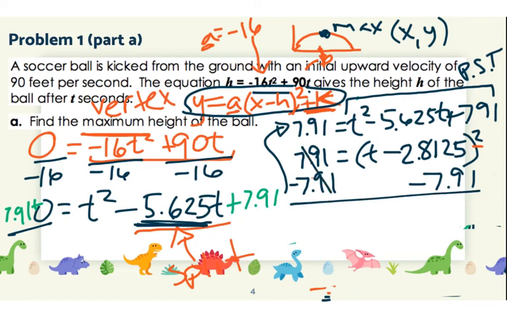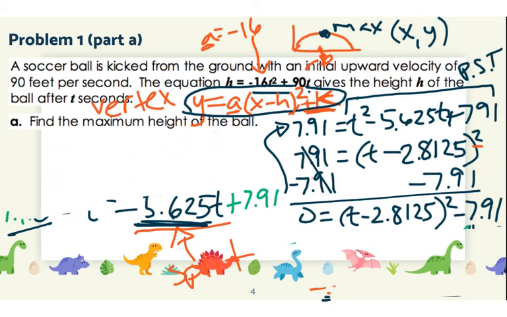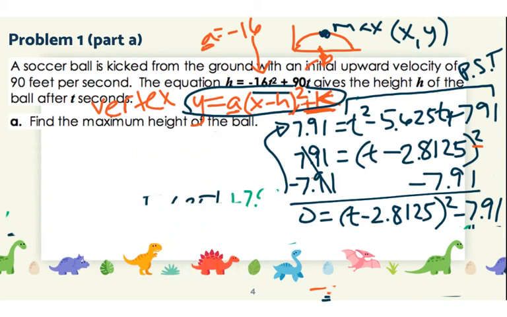All right, so here I've got 0 equals t minus 2.8125 squared minus 7.91. We are so close to almost being finished, and it kind of breaks my heart that we're running out of room. But, you know, I guess that's what an eraser is for. Okay. So here's something that could be a little tricky.